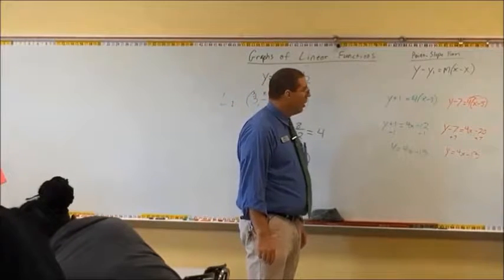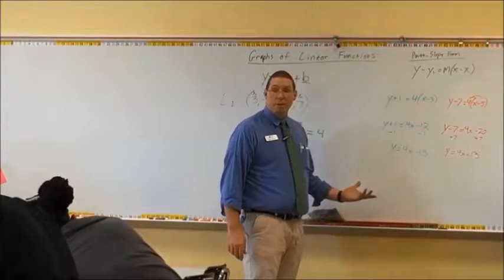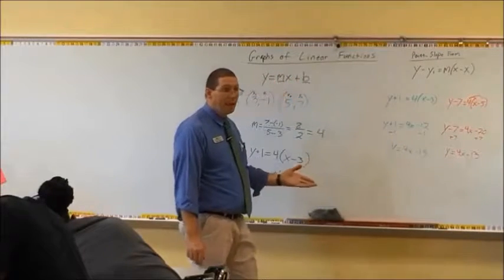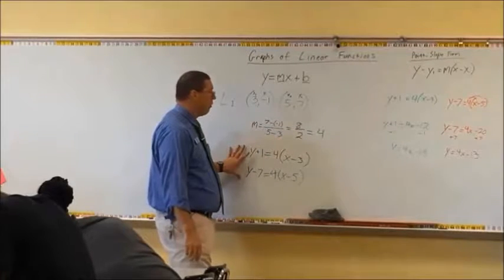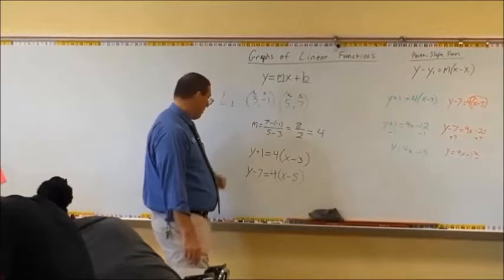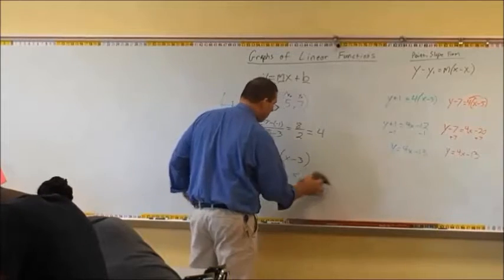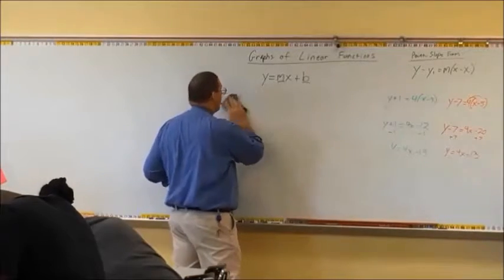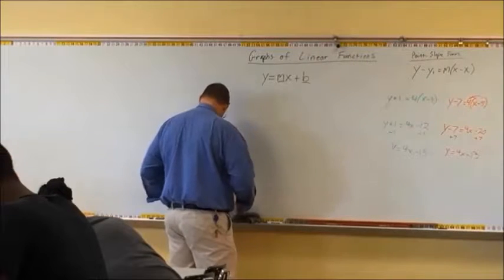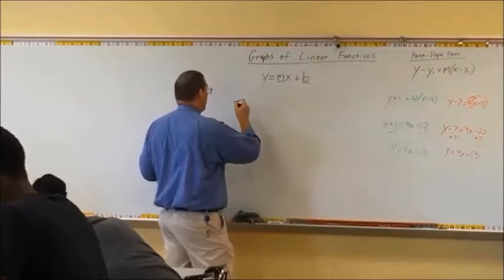Yeah. All right, so as you can see, it's easy to get y equals mx plus b form from point slope form. And so what I recommend for you is that whenever you're doing point slope form or slope-intercept form, here's what you do.